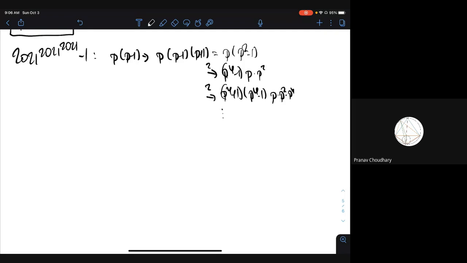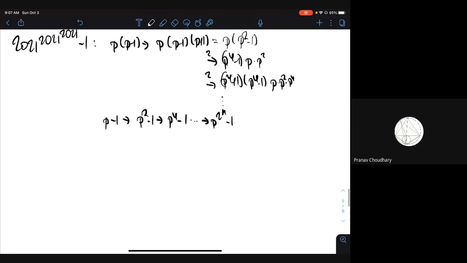And at each stage, we go from p minus 1 to p squared minus 1 to p to the 4th minus 1 to p to the 2 to the n minus 1. Because in each step, we're taking the difference of squares for one exponent higher and then pushing it through.